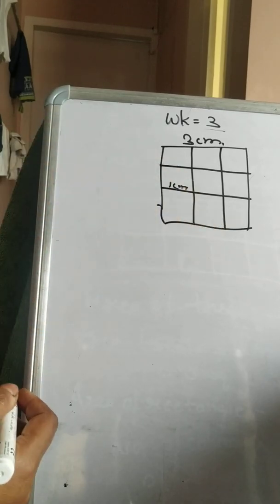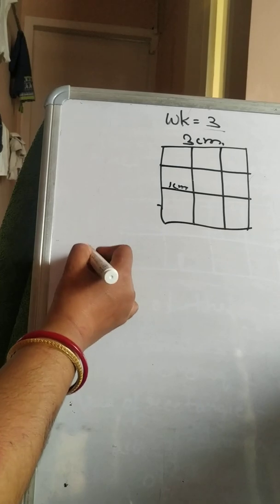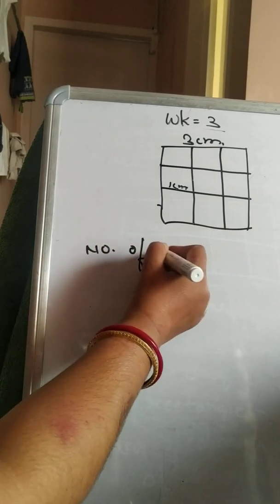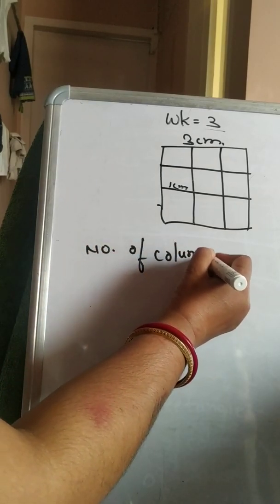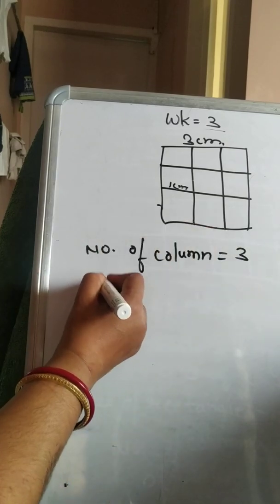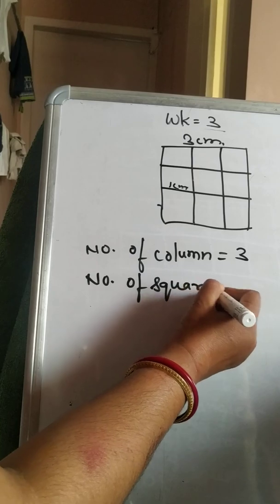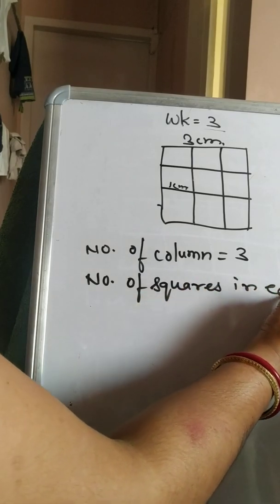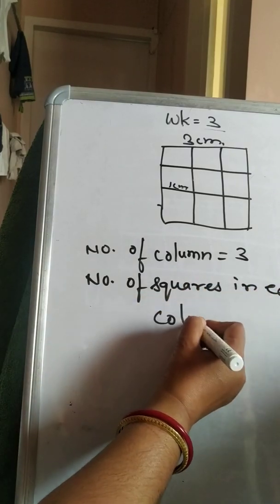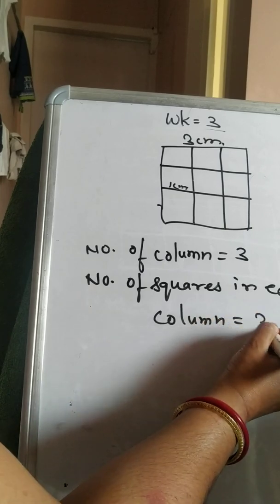So here the number of columns is equal to 3 and number of squares in each column is also 3.